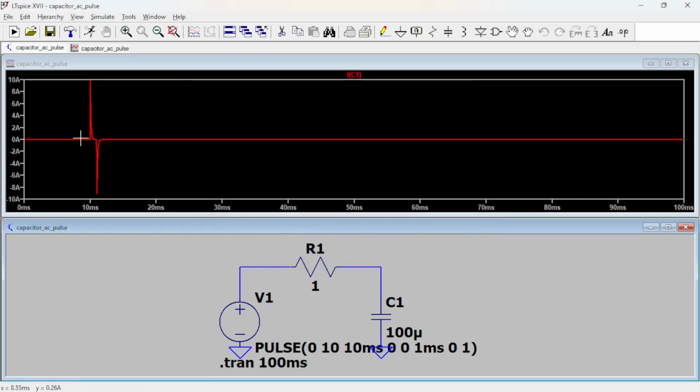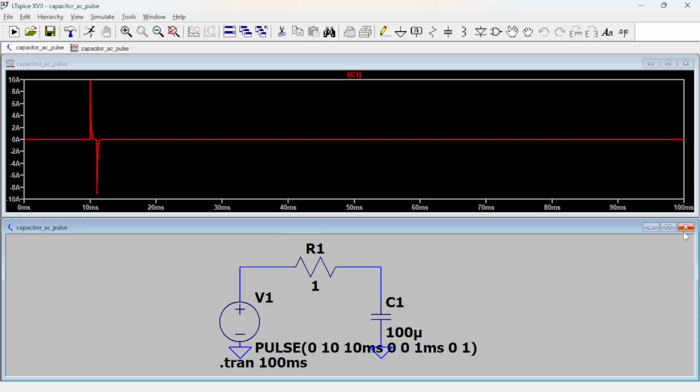It goes from 0 amps to 10 amps, and then back to 0, some kind of discharging. And this is what's cool about it: now it's reversing direction, so it goes to minus 10 amps and then goes back to 0. So you have a reversal of current.